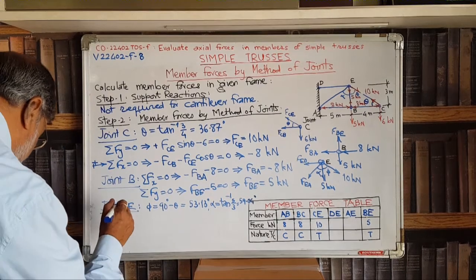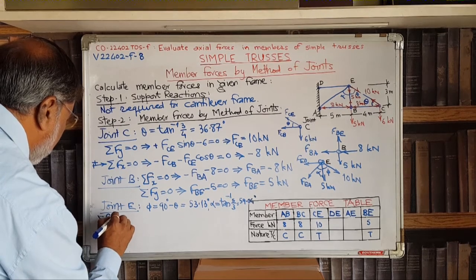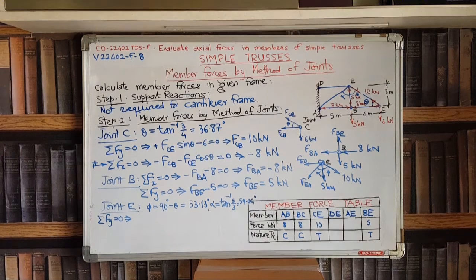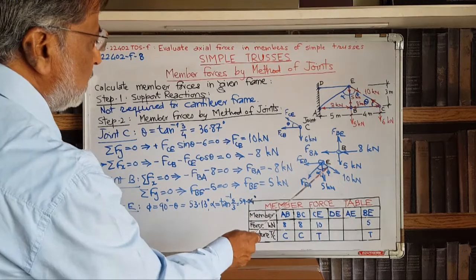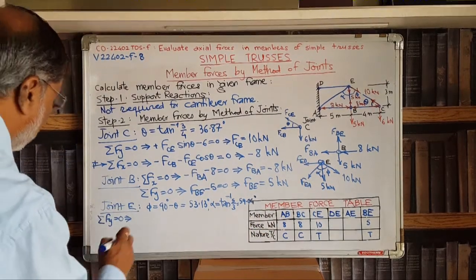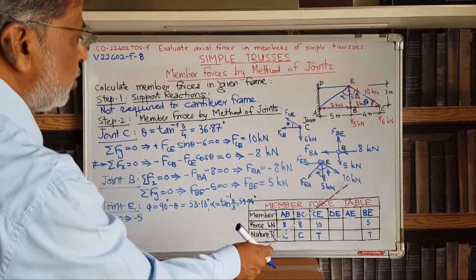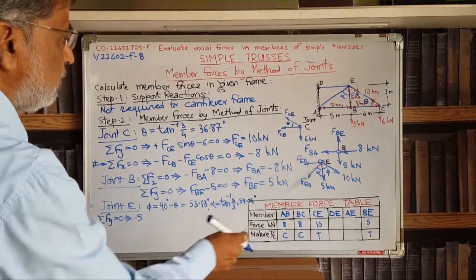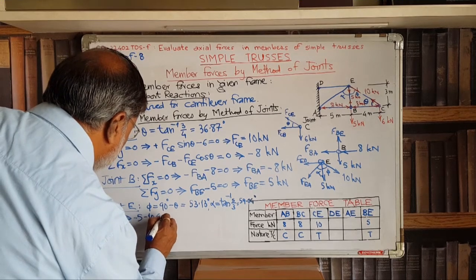Let us apply the condition sigma Fy equal to 0. So if we apply that condition, we will have, look here, sigma Fy equal to 0. This 5 kilonewton is already downward, so it will be minus 5. Then this 10 kilonewton force will have a y component, so it will be minus 10 cos phi.